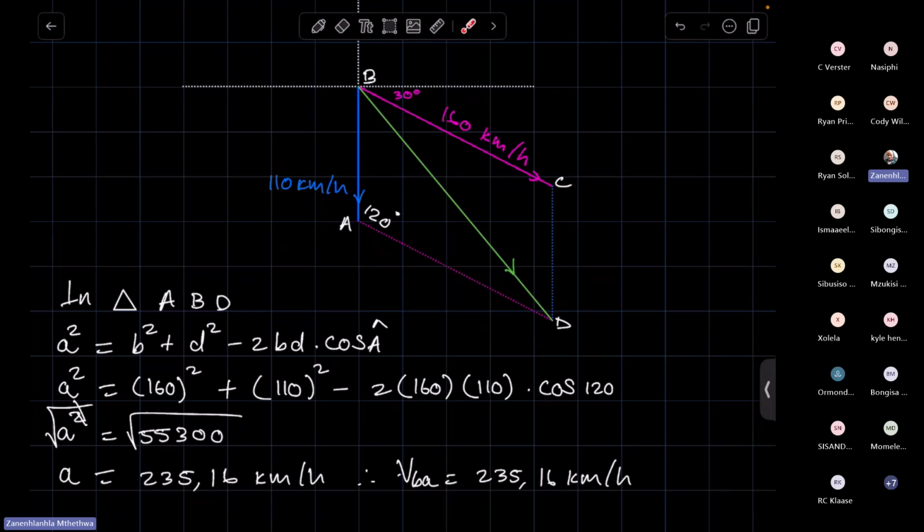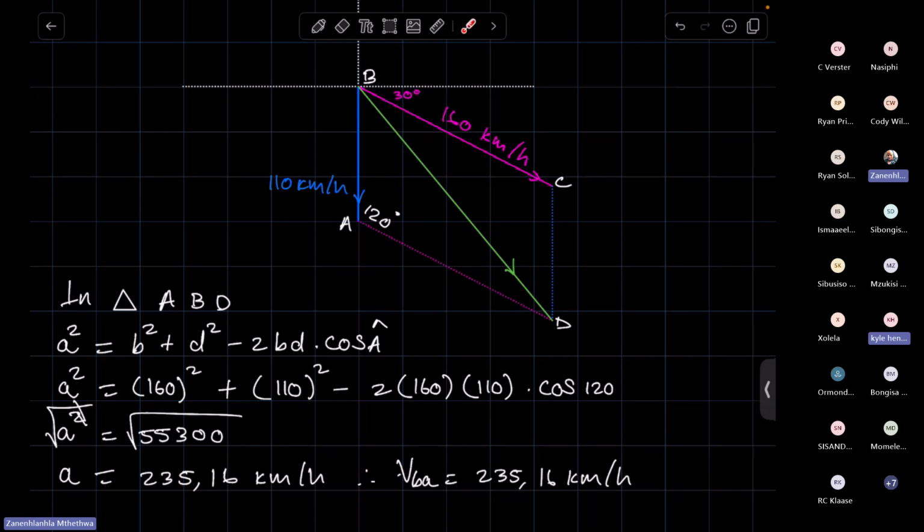Say we use the triangle ABD. Once we had established that this is an included angle, we are going to use the cosine rule. You then look at what exactly we are looking for. We are looking for this side. Now, the way you label your sides is by using the letters that you've already been given.